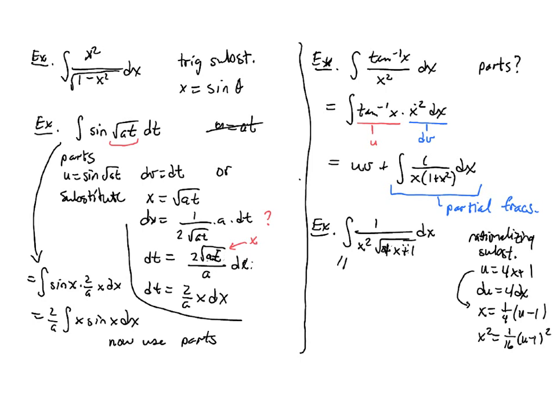And so here in my integral, I need a 4 to go with my dx, so I multiply by 1/4 on the outside, and we have 1/4 antiderivative of my 4 dx is now my du. On the bottom we have 1/16 u minus 1 squared times the square root of u.